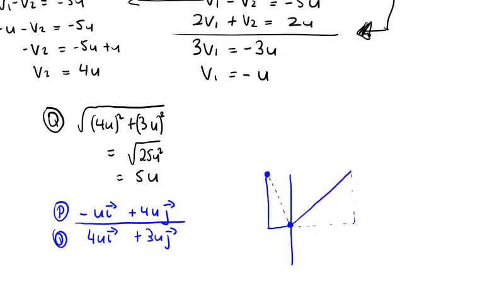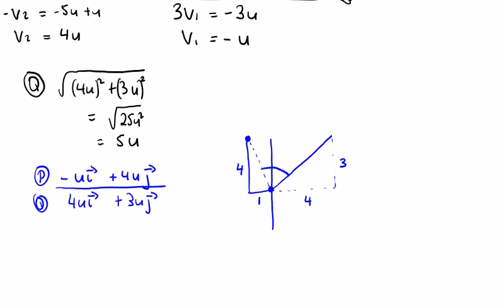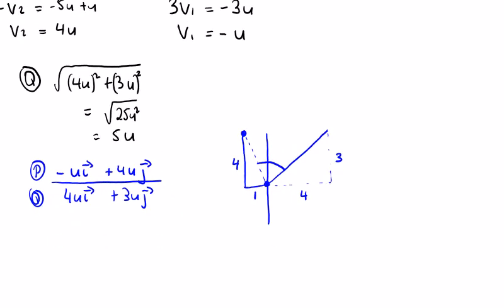So if I put my values on here, I have a 1 for my minus u and a 4. And I have a 4 and a 3. So we're looking for, well, sorry, it's the angle between them, not in there. The angle between them is going to be in here. So if I can get both of these angles, just add them together. So it's inverse tan. And you can see that this triangle will also have a 1 and a 4.